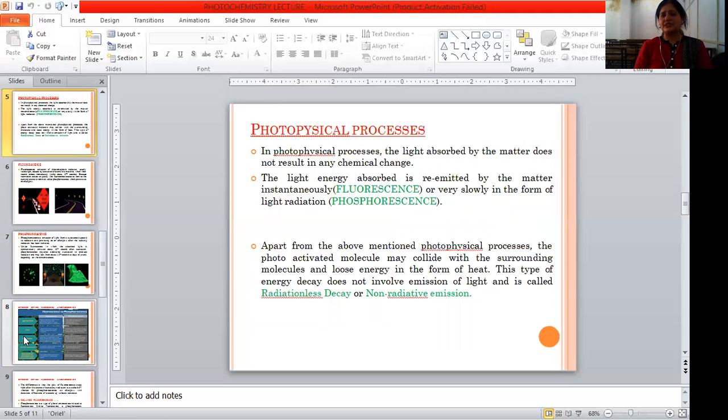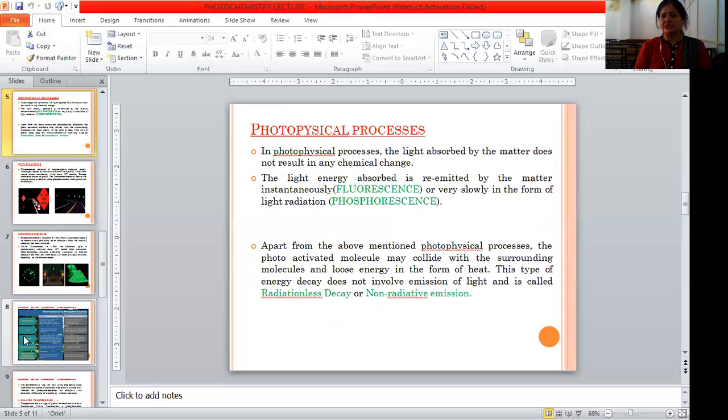First, let us discuss the photophysical process. In a photophysical process, the radiations absorbed by the matter do not cause any type of chemical change in them. It can be of two types, fluorescence and phosphorescence.